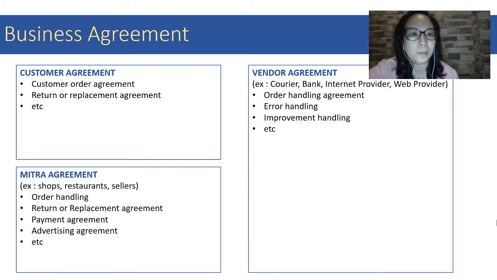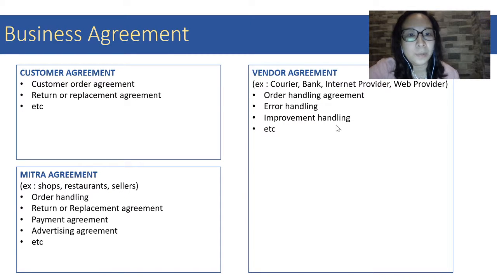And for the web provider, for example you use a cloud server and so on, so what is the backup process, what is the downtime of the server? You need to explain that in the agreement.